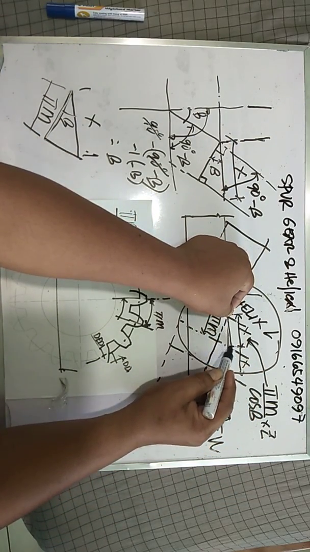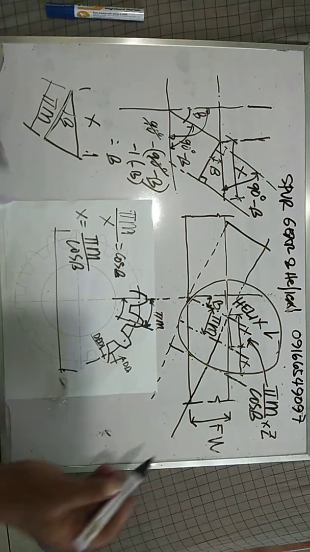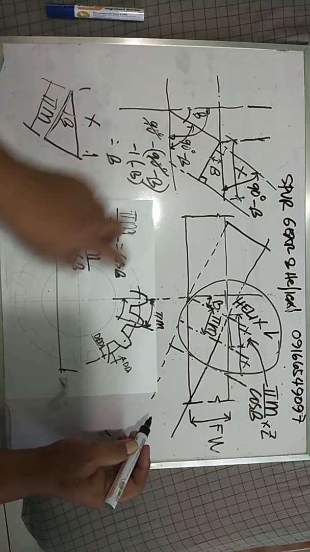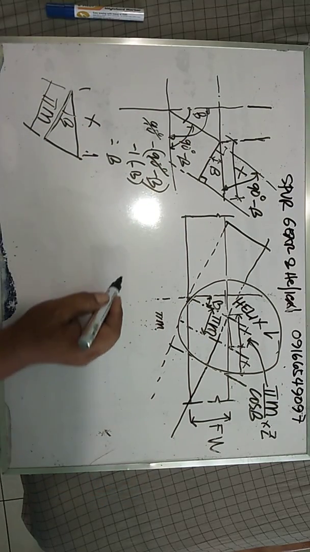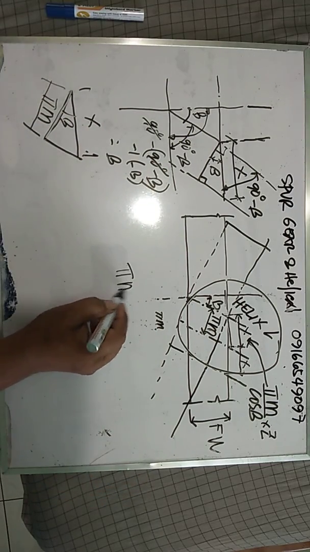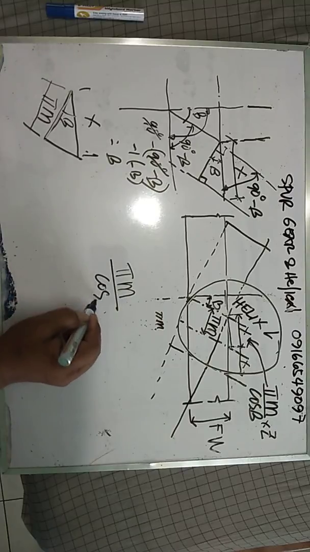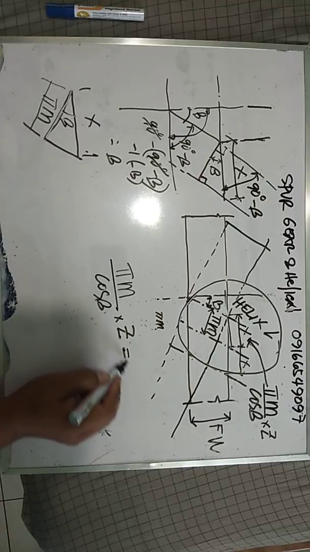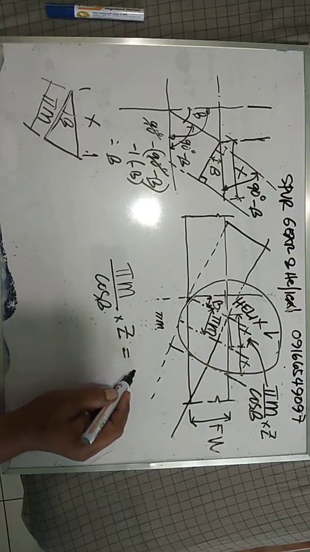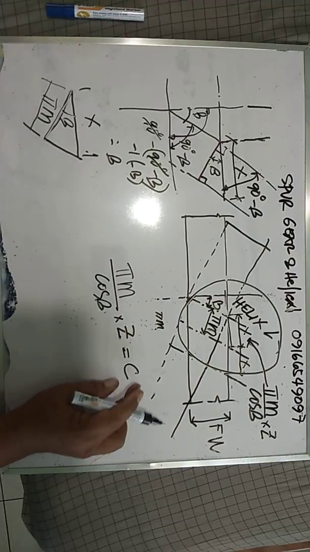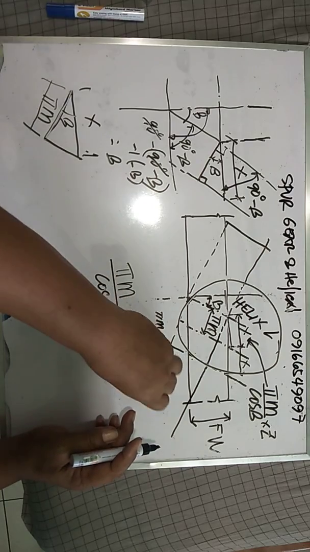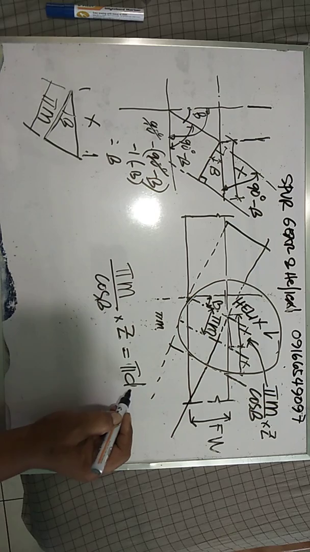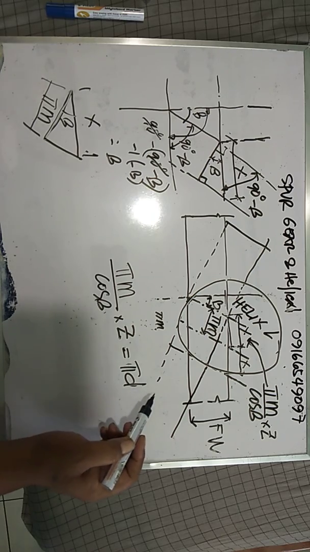So therefore, pi times the number of teeth is equal to the circumference, which is pi times the pitch circle diameter.